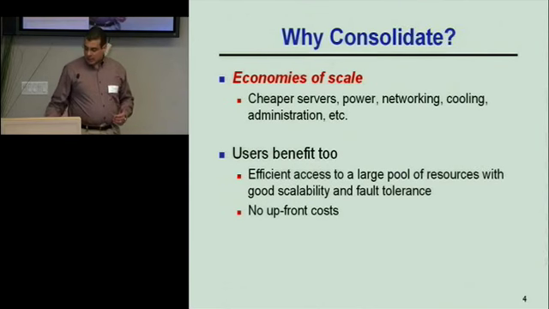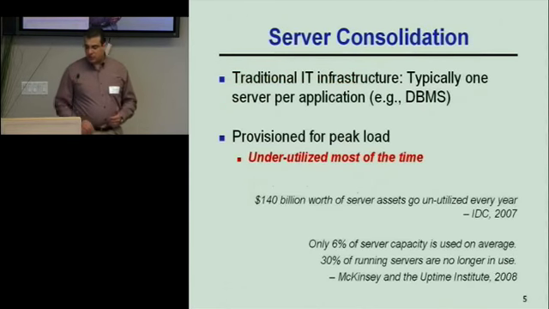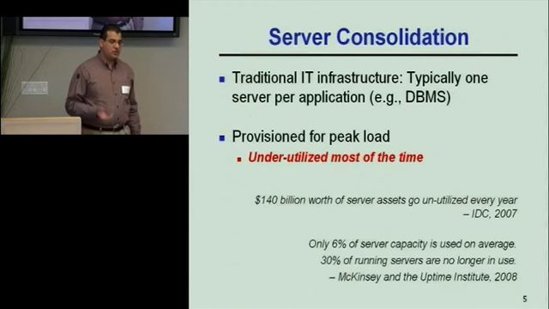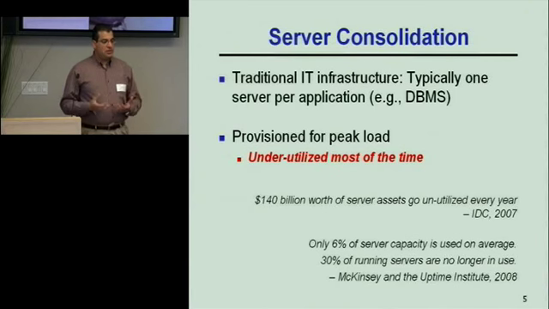Okay? And for traditional IT infrastructures, even if companies are not willing or not ready to move completely to a cloud model, even within a traditional IT infrastructure, consolidation is happening. The typical old way of running applications is to have 1 server per application.